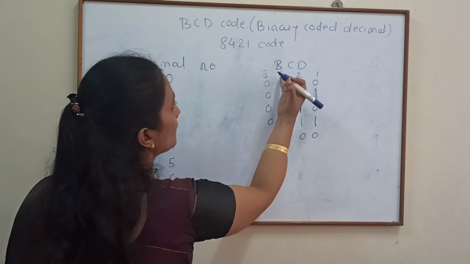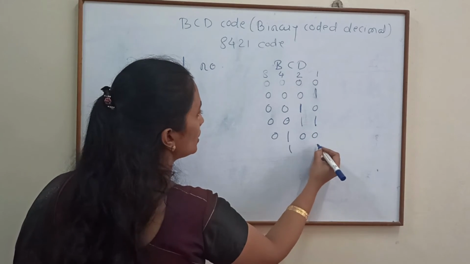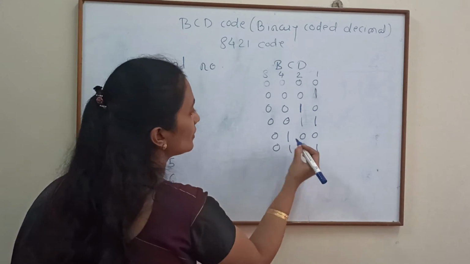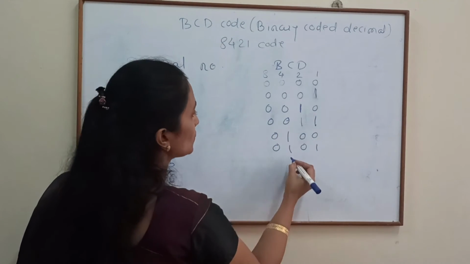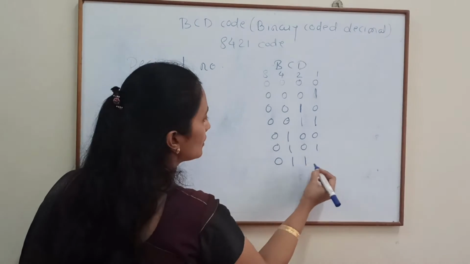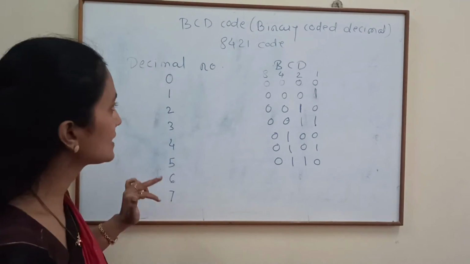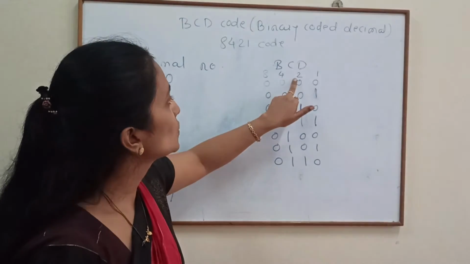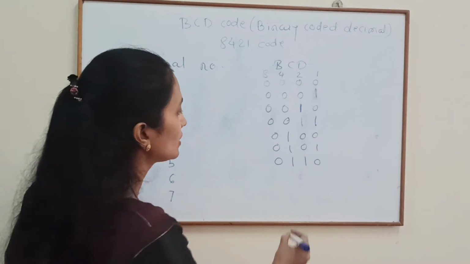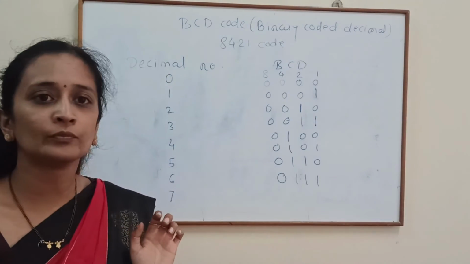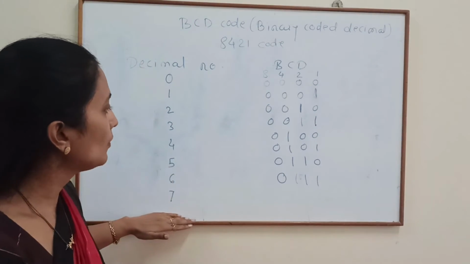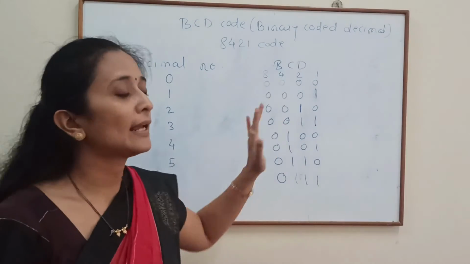Number 5. 4 plus 1. Therefore 2 ones will be there, remaining will be 0. Number 6. 4 plus 2. Therefore 1, 1, 0, 0. Number 7. 4 plus 2 plus 1. Therefore 3 digits will be 1, remaining 1 will be 0. Like this we can form table of decimal and binary.